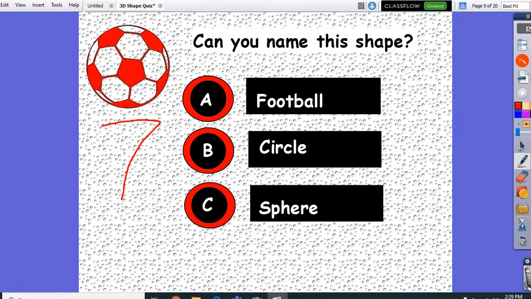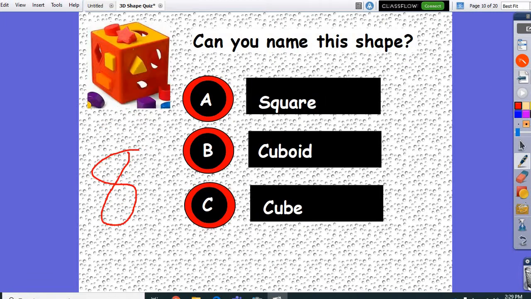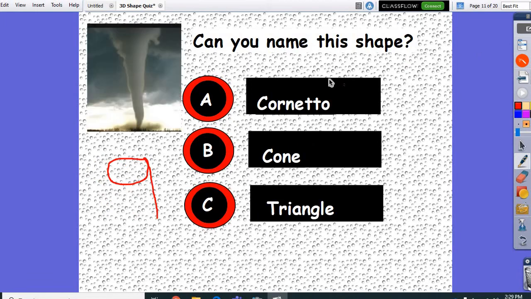Okay, what about the shape of that ball? What is a ball? Alright, what about the shape of this toy here that they're putting? I know the blocks would go in these holes, but what shape is this toy that you put the blocks in? Ooh, that's a tornado.